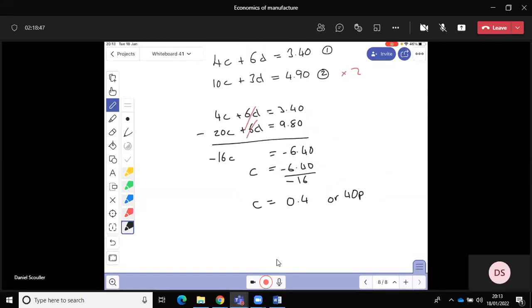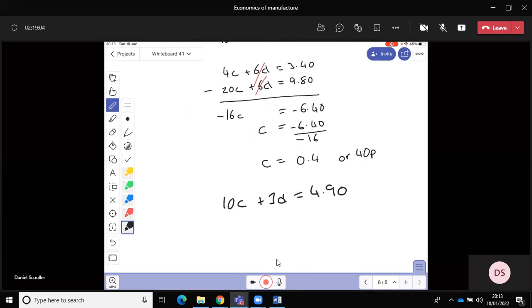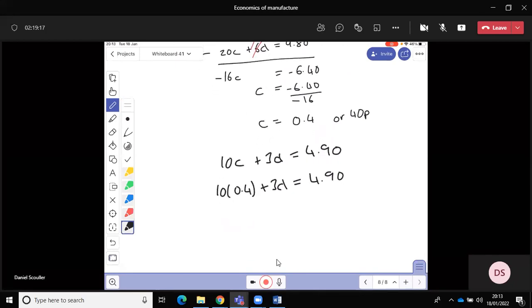Substitute that back into equation 1 or 2. Okay, so equation 2, why not? Equation 2 is 10C plus 3D equals £4.90. C is 40 pence, so 10 times 0.4 plus 3D. 10 times 0.4 is just 4, so you can even do that.